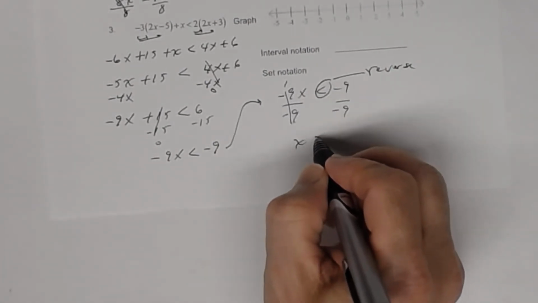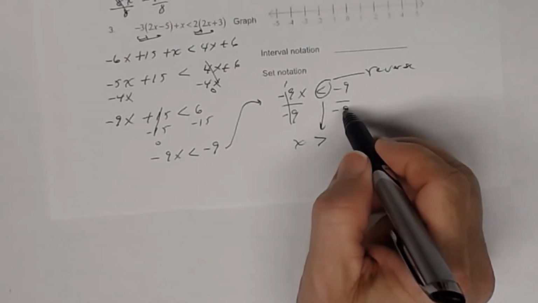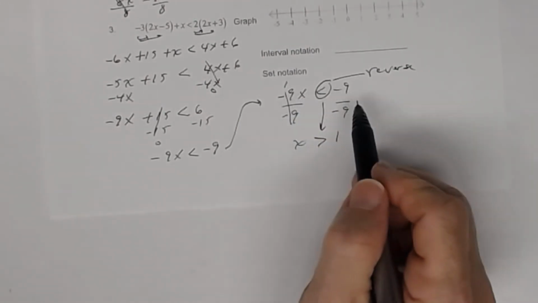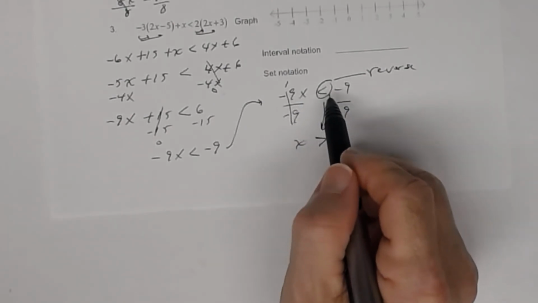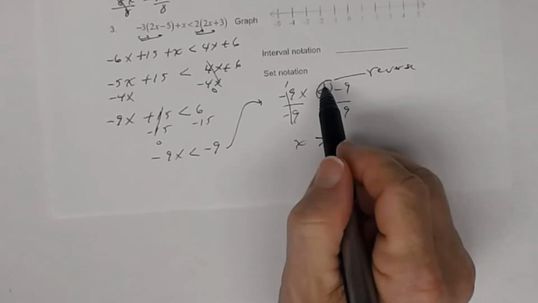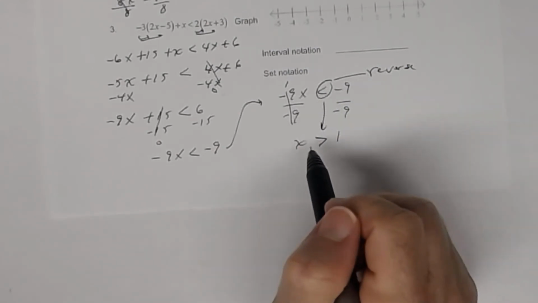So I get x is greater, reverse, x is greater than, and then negative 9 divided by negative 9 is 1. All right? So whenever you either multiply or divide, in this case I'm dividing, both sides of an inequality by a negative number, both by negative 9, I must reverse that inequality symbol. So less than becomes greater than. And so you found the solution.